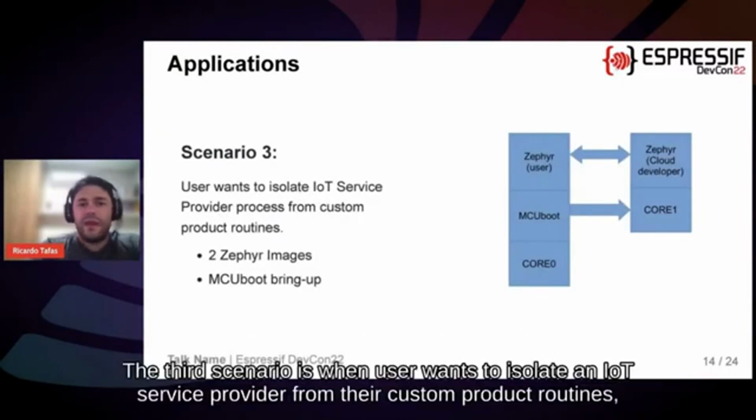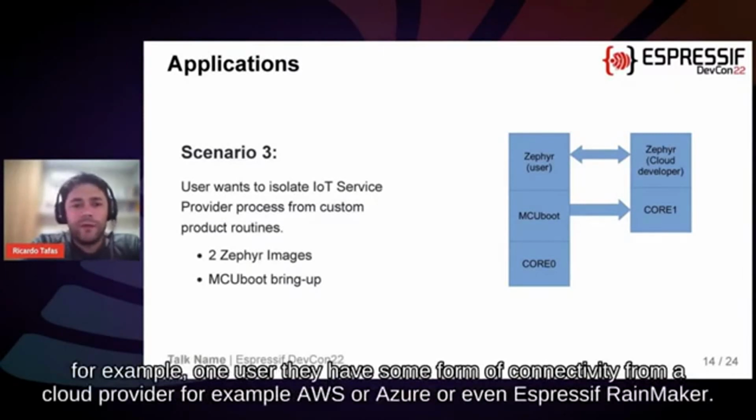The third scenario is when the user wants to isolate an IoT service provider from their custom product routines. So, for example, one user has some form of connectivity from a cloud provider, for example, AWS or Azure, or even Espressif Rainmaker.